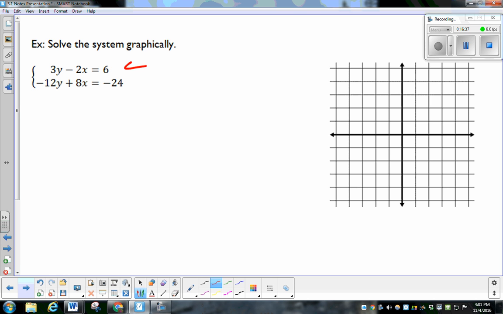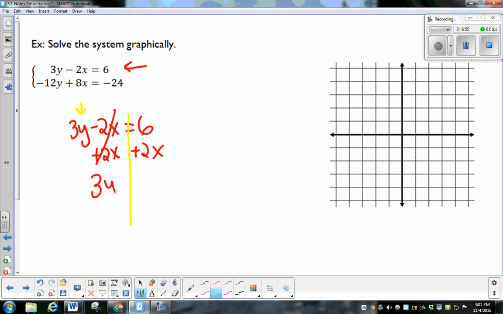So here's my first equation. I'll do this one in red. I've got 3y minus 2x equals 6. We're trying to get our y by itself. So first, I need to add that 2x term to each side. So I'm left with 3y equals 2x plus 6.